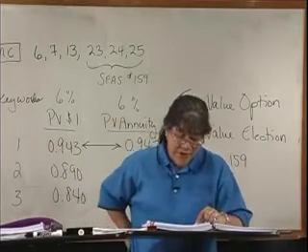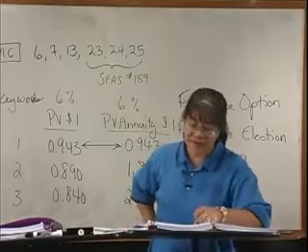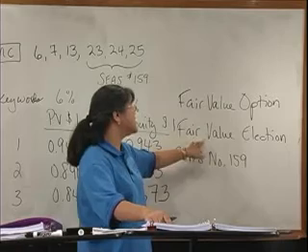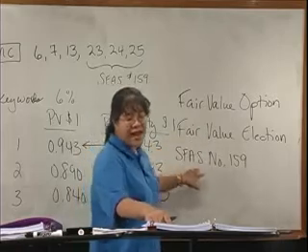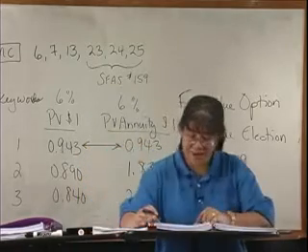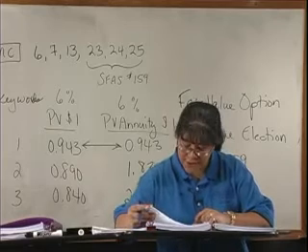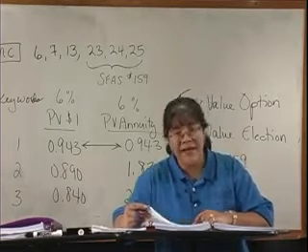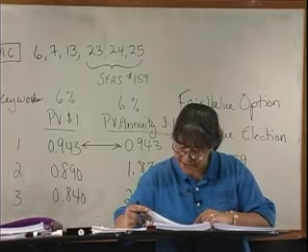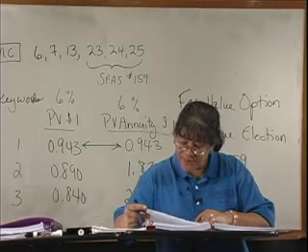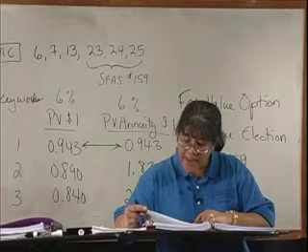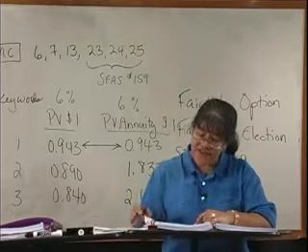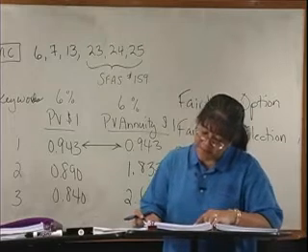Now on page 338, in the middle of the page, item number 12 talks about the fair value option, the fair value election under SFAS number 159. I'm just going to read this to you. It says, as discussed in Module 7D, where we did talk about the fair value option a little bit, SFAS number 159 provides that a company may elect the fair value option for reporting financial assets and financial liabilities.